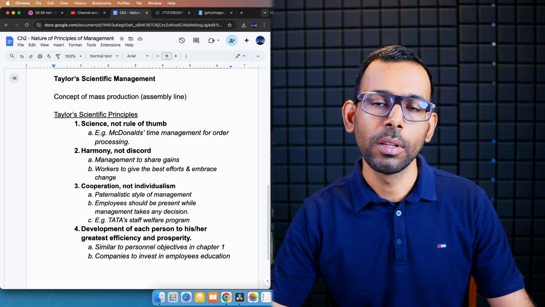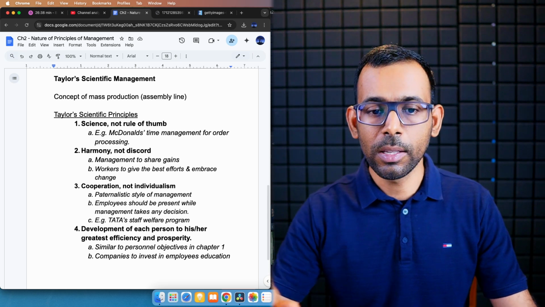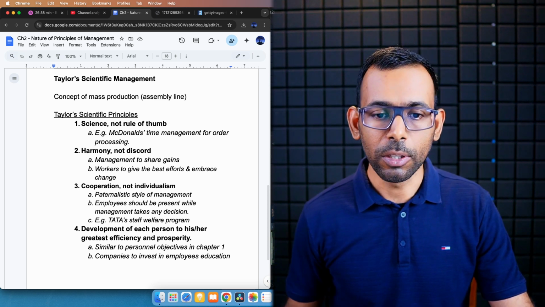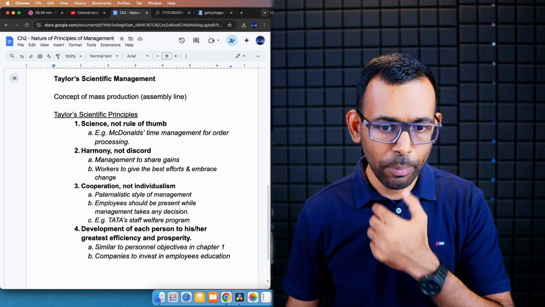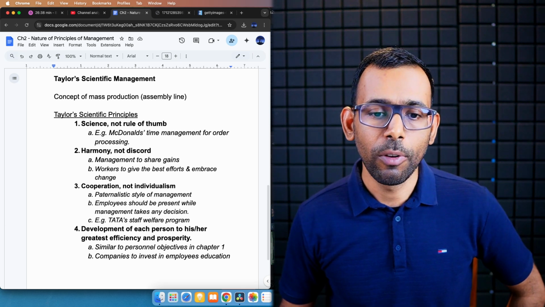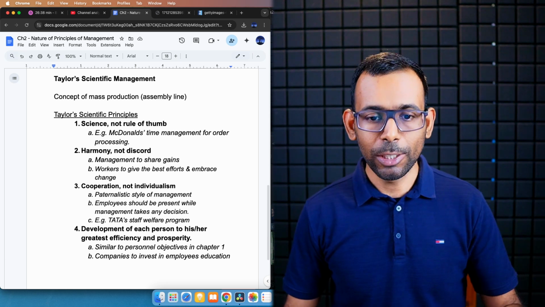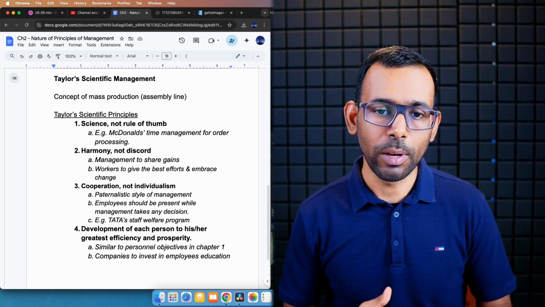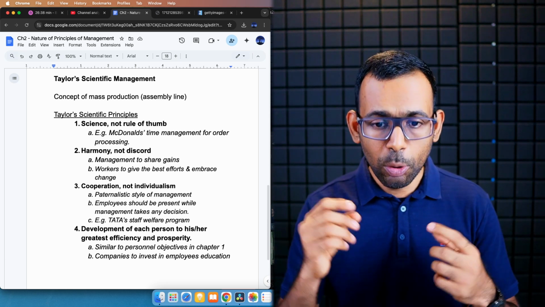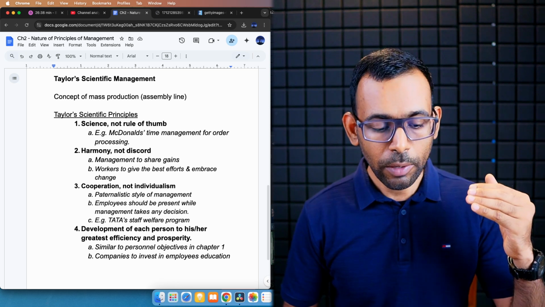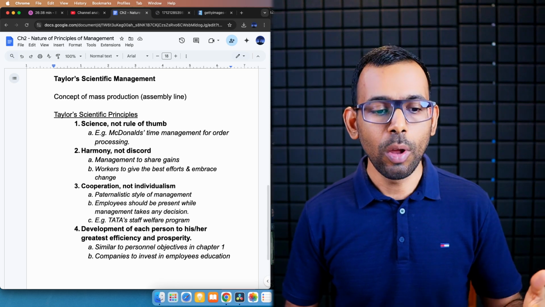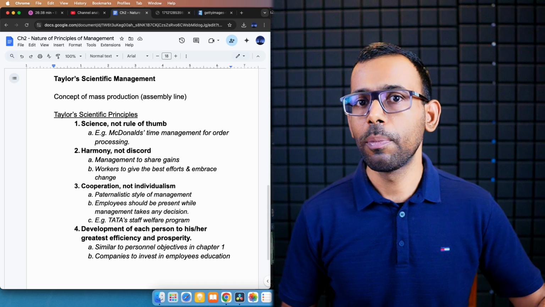It will be ready in 2 days instead of 3 days. This is how scientific management works. I have given an example here, McDonald's time management for order processing. They have done this in McDonald's outlets. They know exactly, even to the last second, how long it will take to get an order processed.